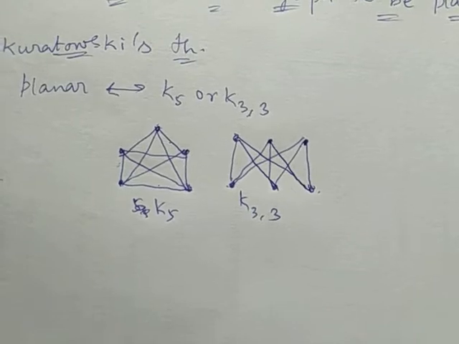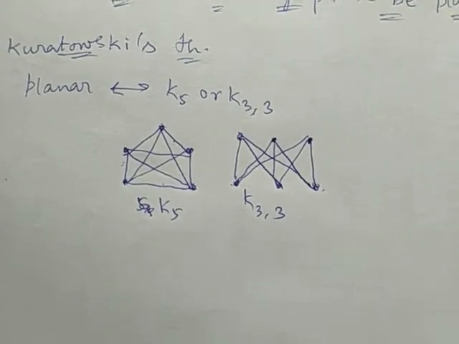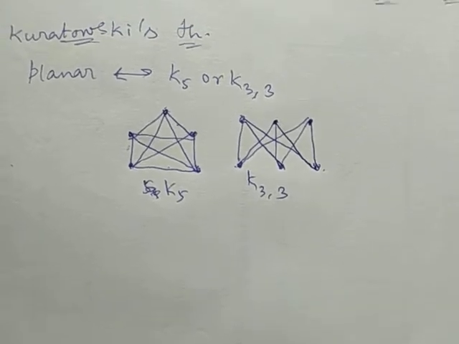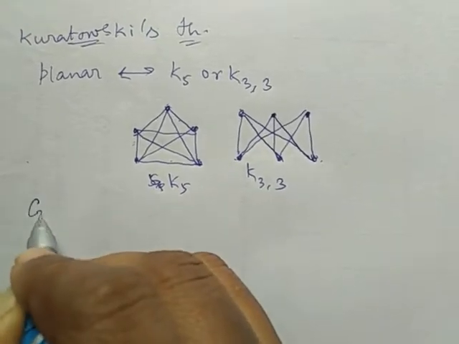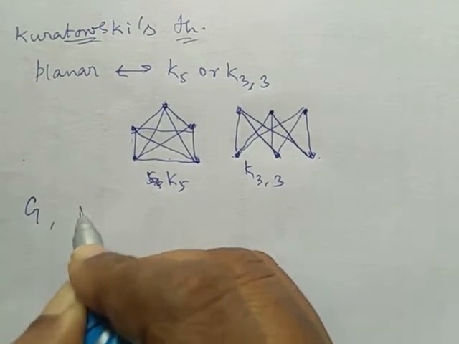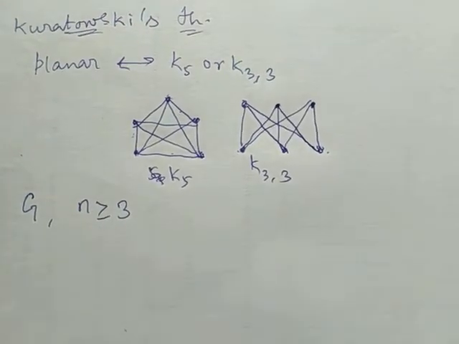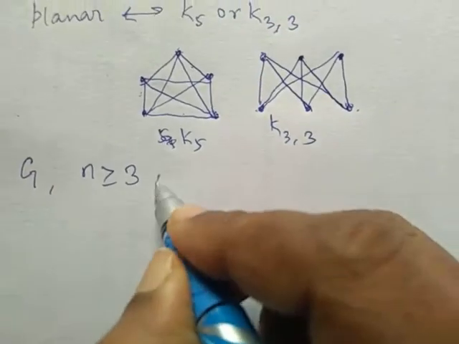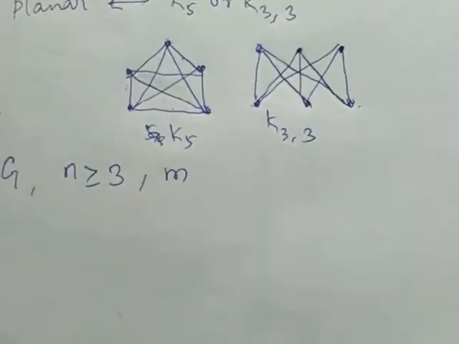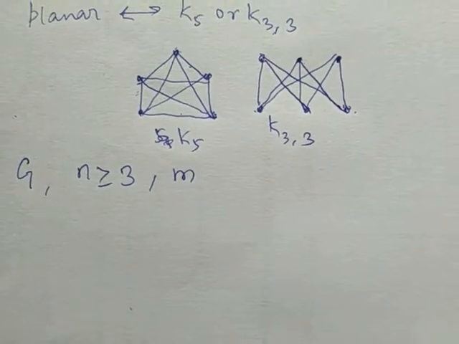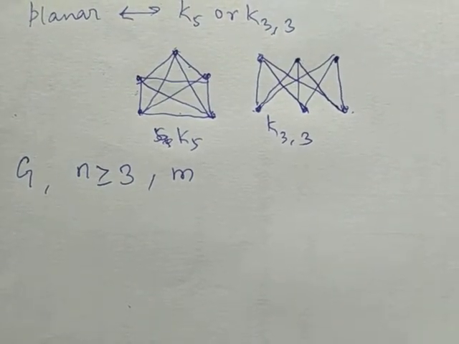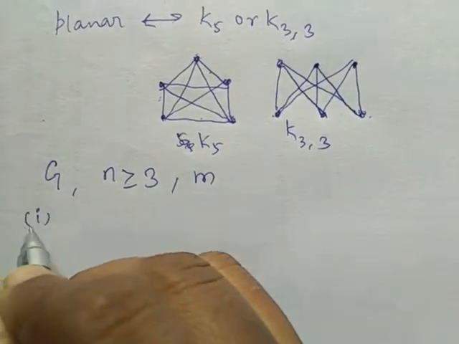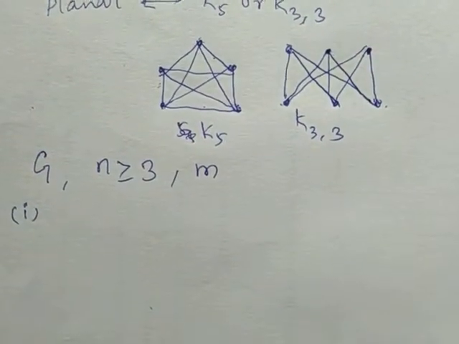Now we are going to study some more conditions to check whether the graph is planar or not. For a given graph G of order n greater than or equal to 3, meaning the number of vertices is at least 3, and size m, meaning the number of edges is m, to determine whether G is planar or not, the very first thing is to draw the graph in plane form, if possible.